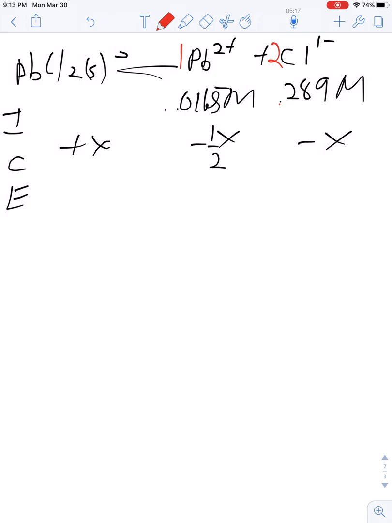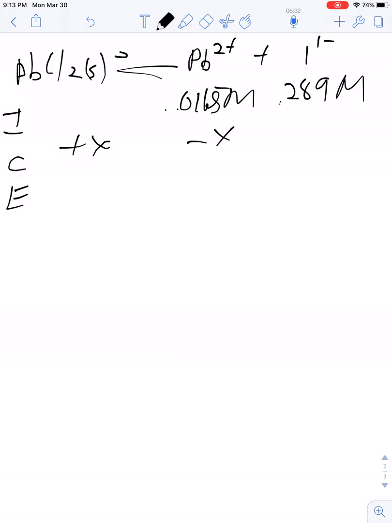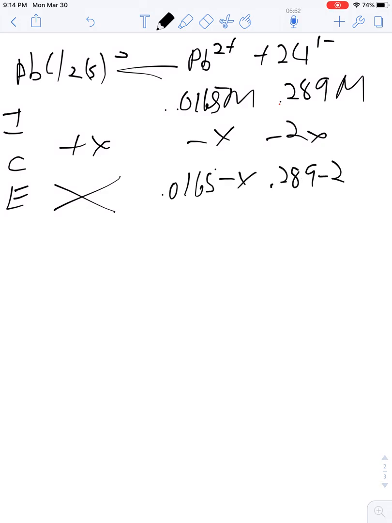Now, if you don't like to have fractions, then you would define your x differently, and you'd say, okay, I'm going to be shifting left, and I'm going to lose x of this, and therefore I'm going to have to lose twice as much as that. So if you don't want to deal with fractions, you can define it that way. So at equilibrium, it doesn't matter because solids aren't included. 0.0165 minus x, 0.289 minus 2x.